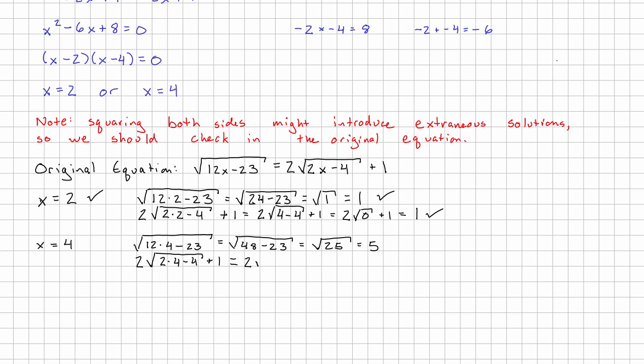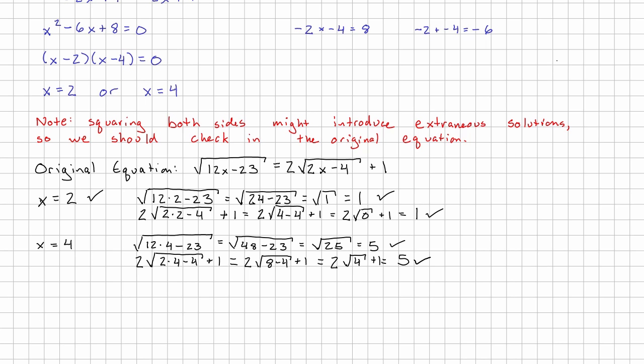So that's 2 times the square root 8 minus 4 plus 1. 2 times the square root of 4 plus 1. Square root of 4 is 2. 2 times 2 is 4 plus 1 is 5.